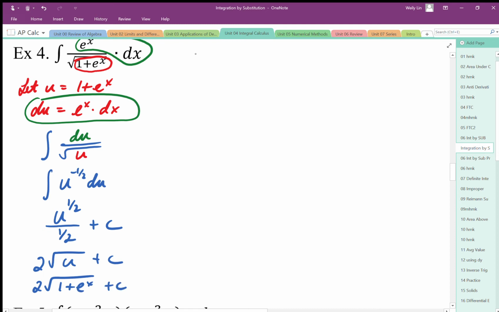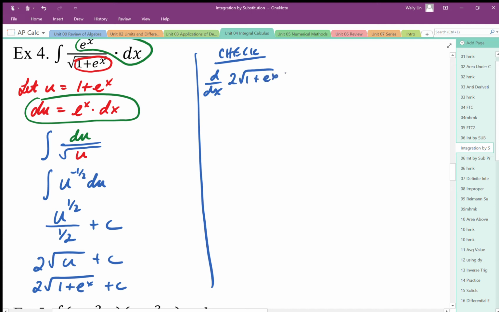Okay, and we can check again. We're going to check this expression. If I differentiate that integral expression that I generated, it should give me back the original expression. So I'm going to differentiate 2 root 1 plus e to the x plus c. The derivative of this is going to be 1 over 2 square root.